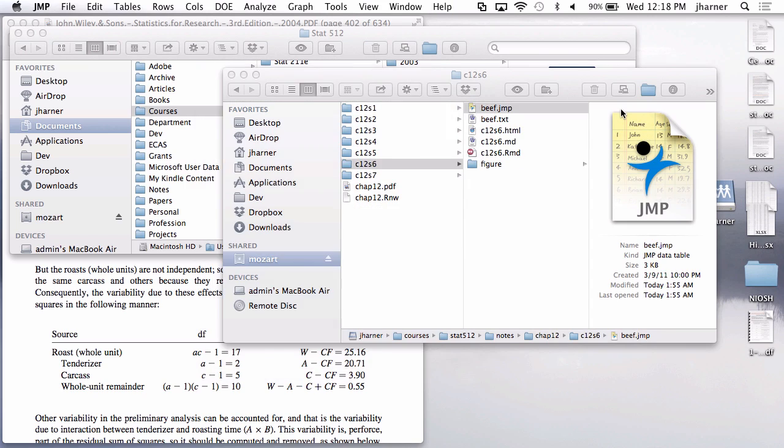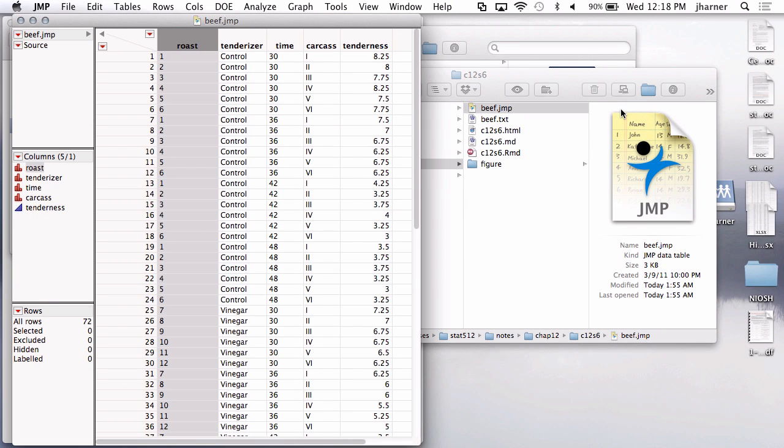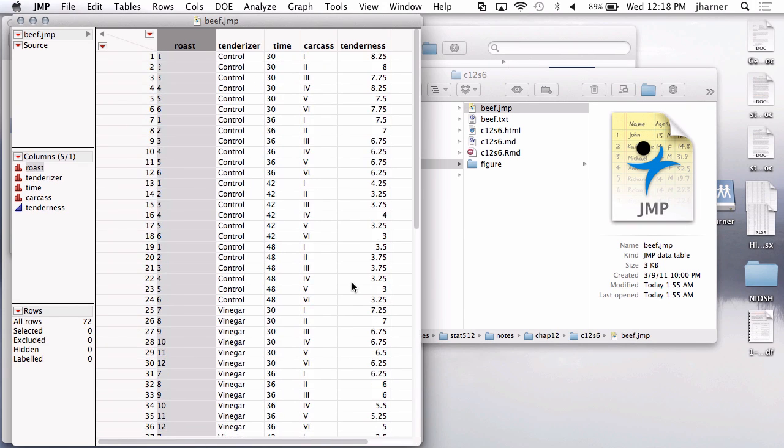So here's the data in JMP format. And you can see that there are 72 observations. Three times 4 times 6. Okay.